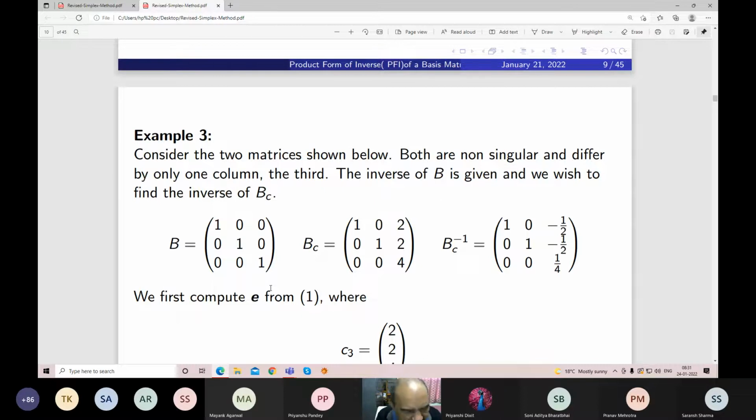If S2 is the departing variable, we will replace the second column. If S3 is the departing variable, we will replace the third column. Let me say my entering vector is 2, 2, 4 and the basis matrix is 3 by 3. There are three basic variables.